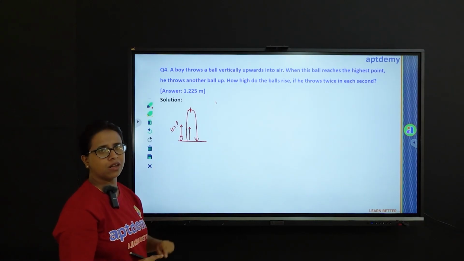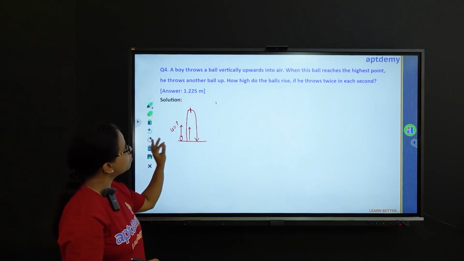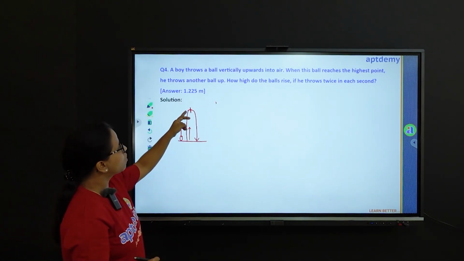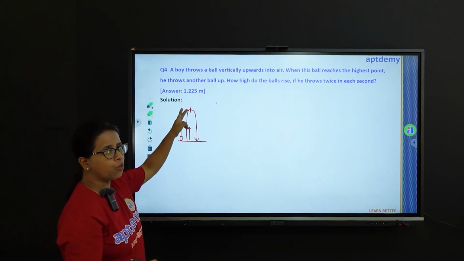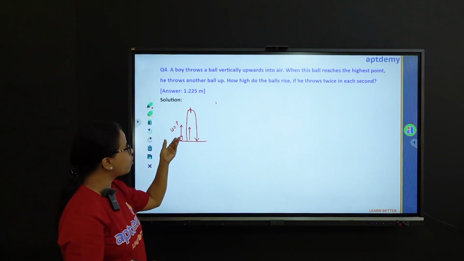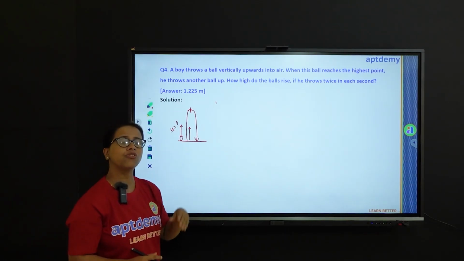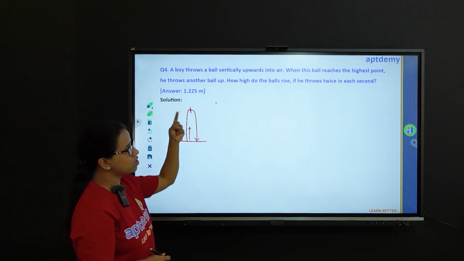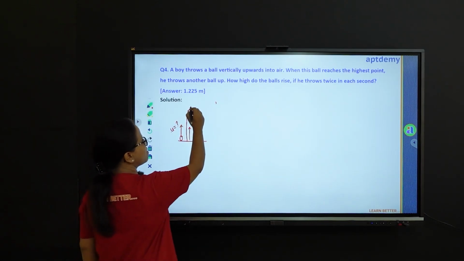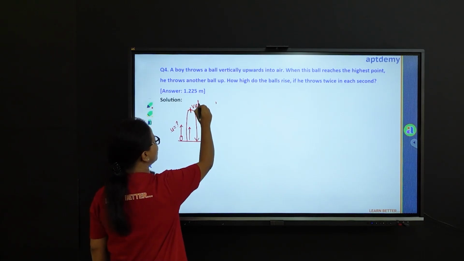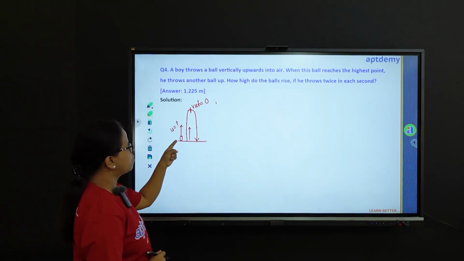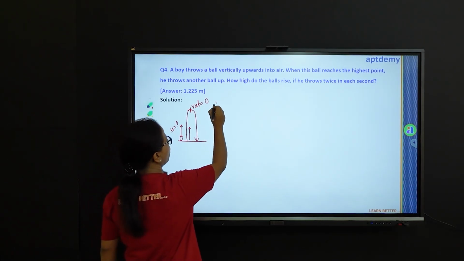What we will consider in this problem is the downward motion of the ball. As an object is rising up, it is trying to move against the pull of gravity, so by the time it reaches the highest point, the velocity here is 0. So let us consider the first ball and its downward motion.